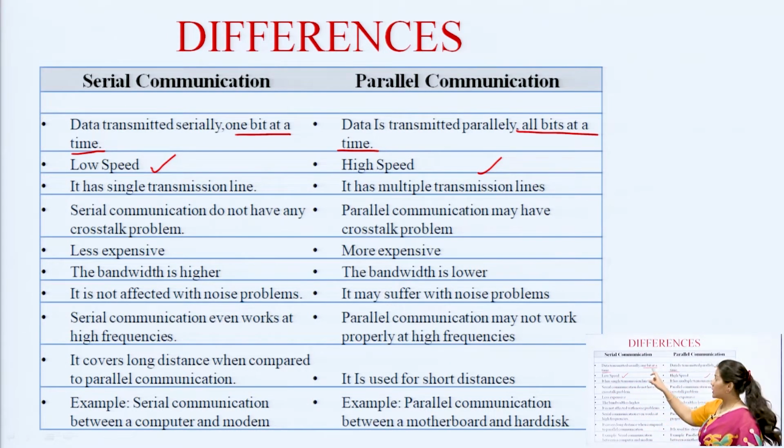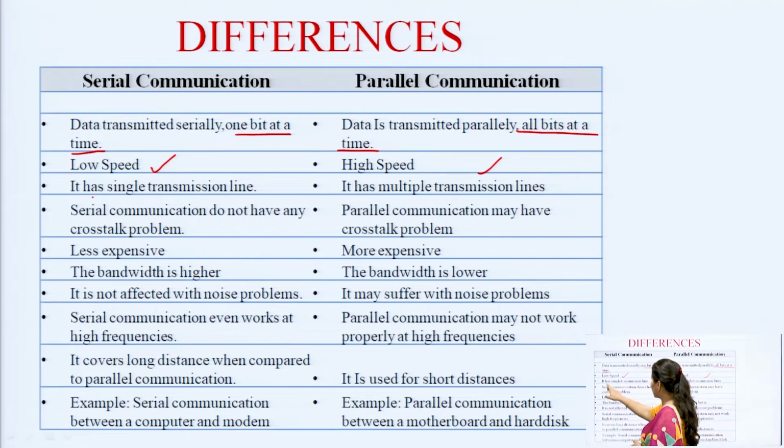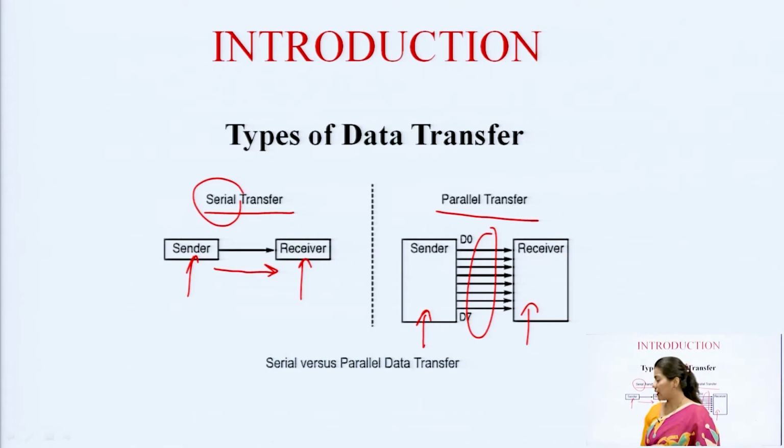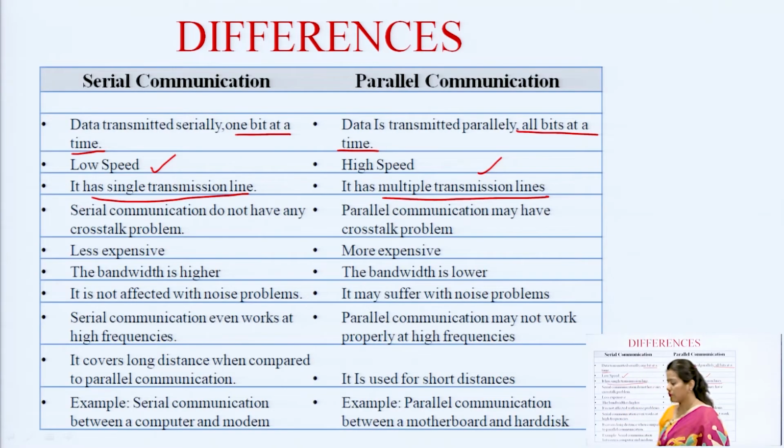Because in serial communication the bits are transferred one bit at a time, and in parallel transmission all the bits are transferred at the same time. Obviously, the speed will increase when all the bits are simultaneously transferred. Serial has a single transmission line, parallel has multiple transmission lines, as is clear from the diagram.